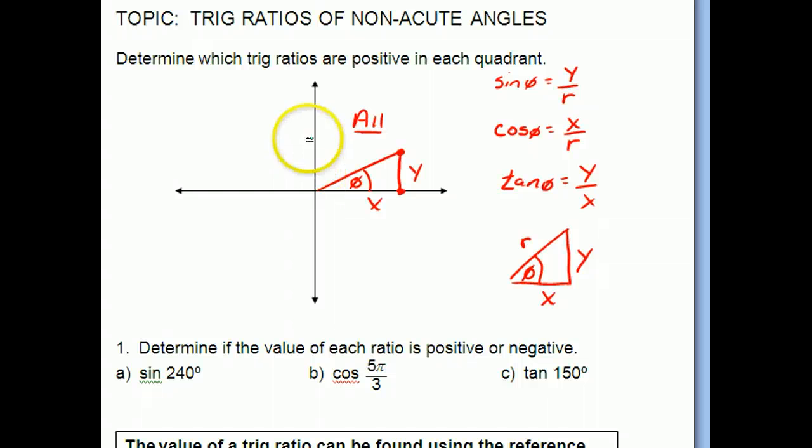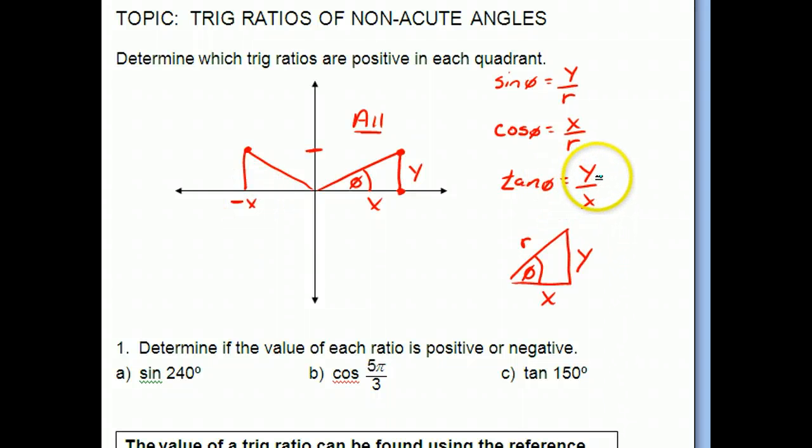Okay. If we move into our second quadrant, here y is still positive, but now x is negative. So if we make x negative, cos is going to be negative, because a negative over a positive gives us a negative.